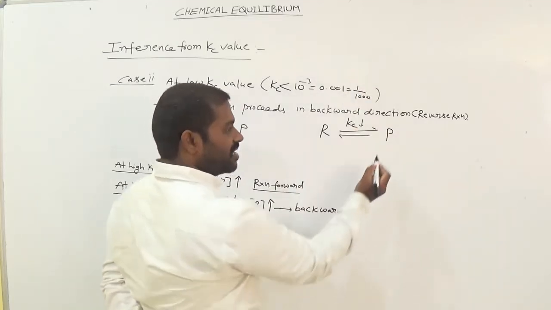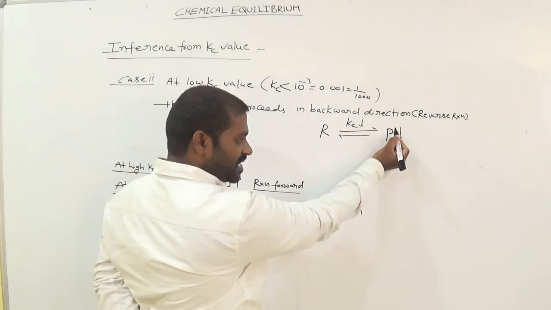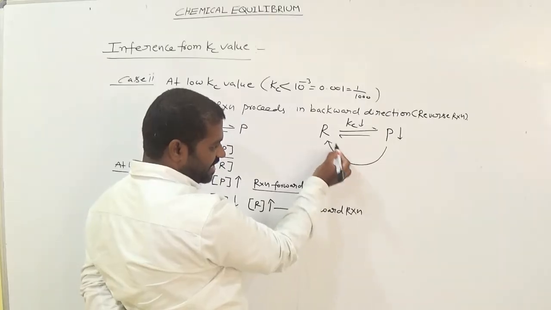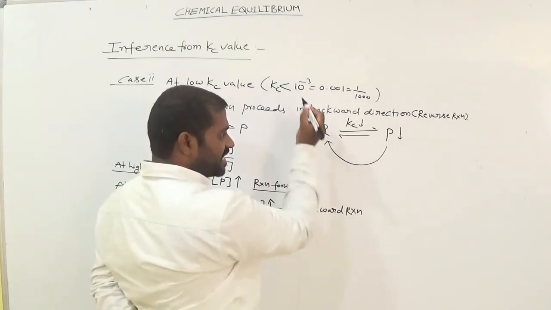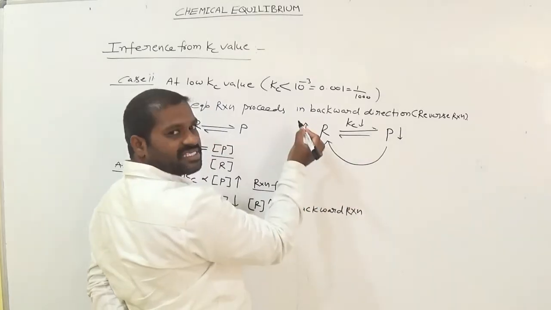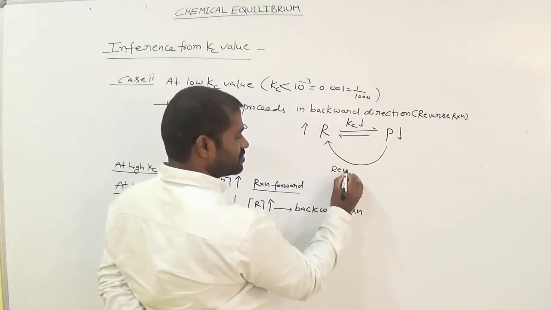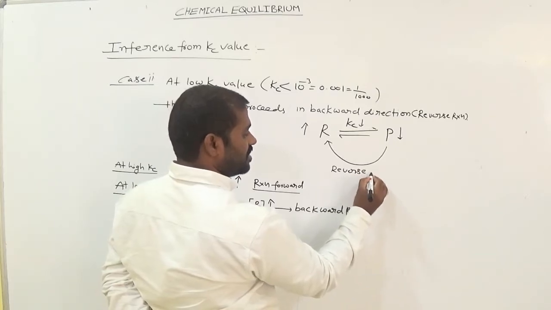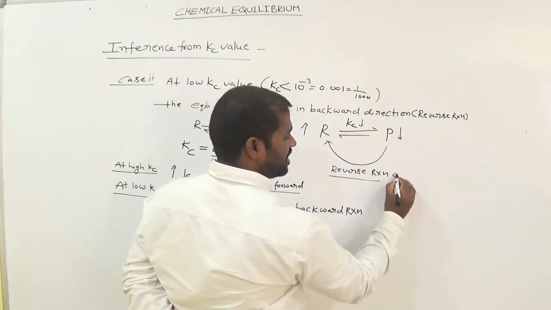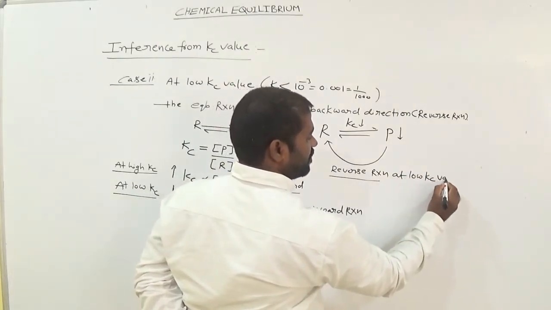Am I right? That means the molar concentration of product is decreasing. So when product concentration decreases, what happened? It is converted into reactant, or not. That means the reactant concentration is high. That means the reaction proceeds in which direction? In the reverse direction. So the reverse reaction takes place at low Kc value.